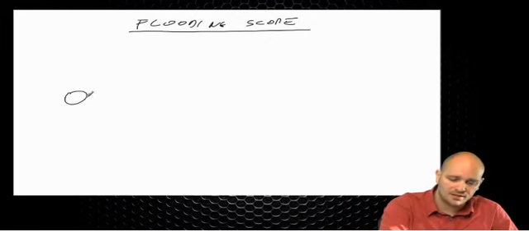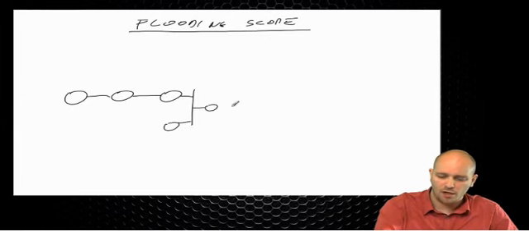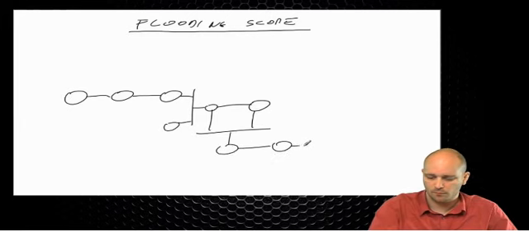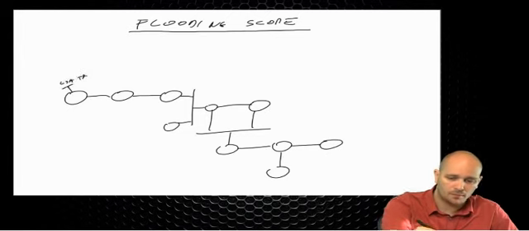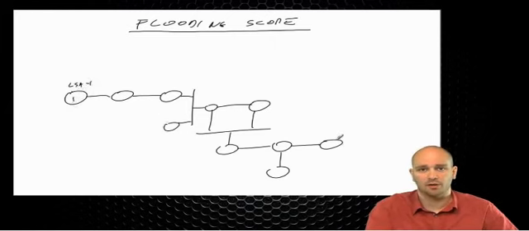So when I have, for example, routers that are interconnected like this, how far in our network will this LSA travel, let's say generated by this router 1?